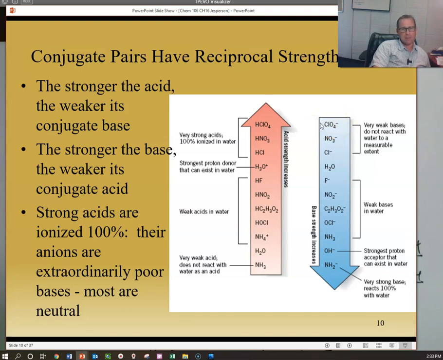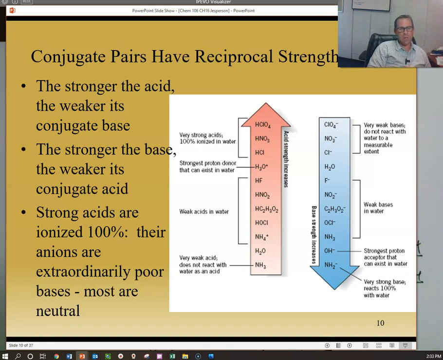And that makes sense. When we say HClO4 is a strong acid, we're saying ClO4 minus is not a good base, because HClO4 being a strong acid means they want to separate. ClO4 minus not wanting to take a hydrogen means it's not a good base, because bases take hydrogens.